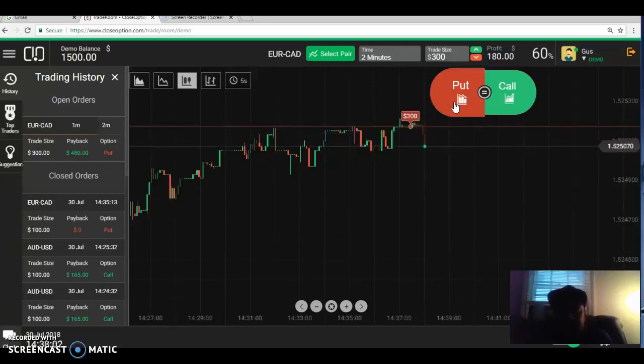So yeah, I just hit a $300 put trade because I lost that initial trade, and that's another strategy that I use besides the price action trend reversal. I also use another strategy called martingale. You're not going to win every trade, but if I do lose a trade, I double up or even triple up on the previous trade to recover the loss.